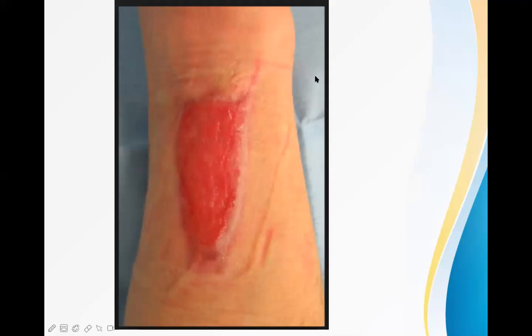Bruise also. So I think bruise. Abrasion, sir. It is abrasion. It is very superficial. It looks like some friction is applied on the surface of the skin. So this is a typical picture of abrasion.